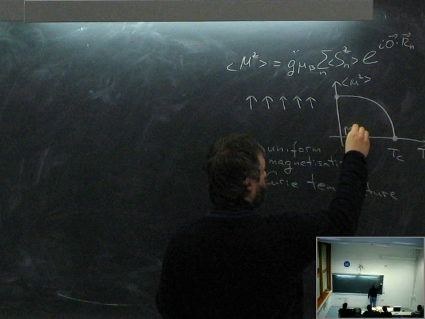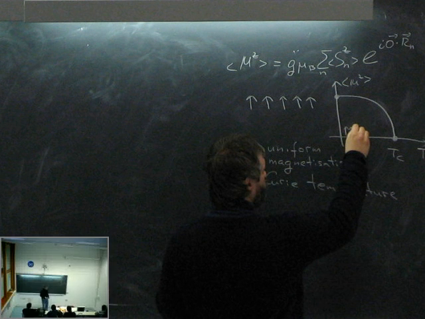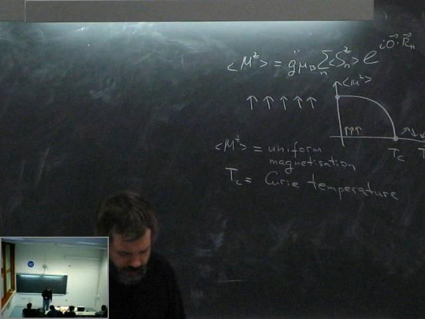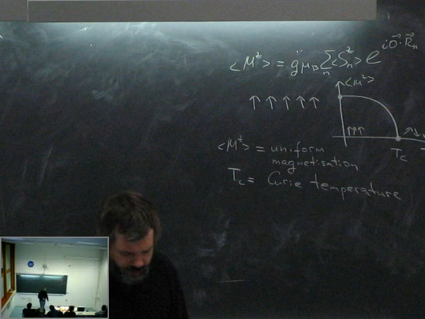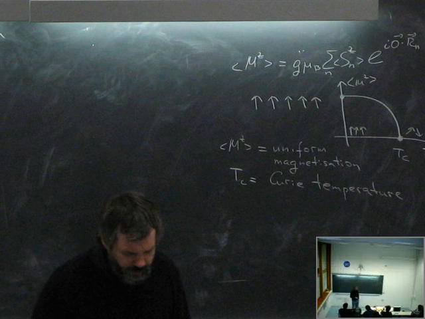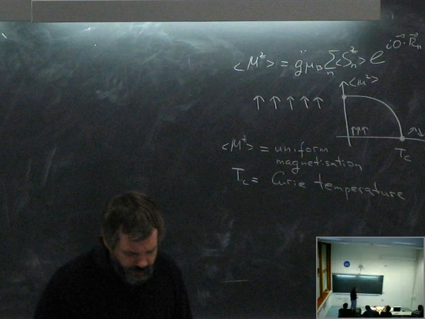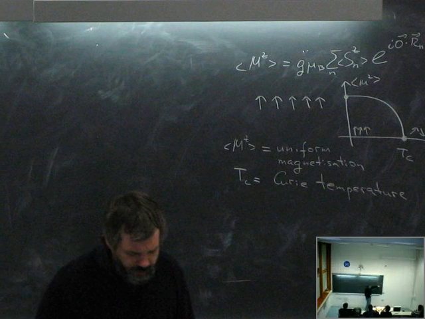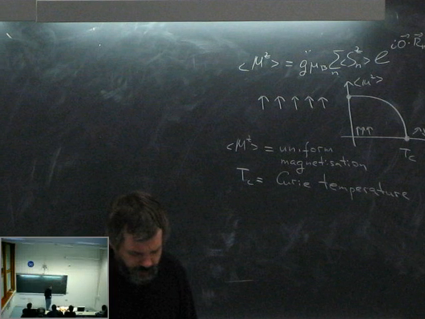The system to the right side possesses higher symmetry, namely it is disordered. So the uniform magnetization in the absence of applied magnetic field is equal to zero. So this is spontaneous symmetry breaking occurring in the system at critical temperature.